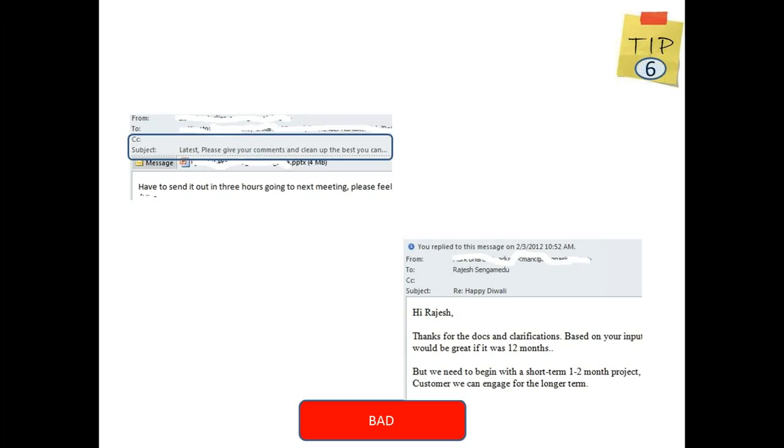So when you send a mail where the subject's not related to the body and the subject says something which is not important, then you end up losing the value of sending that email, which effectively means if you spend 30 minutes on writing that mail, I'm sorry, that 30 minutes is a waste of time.